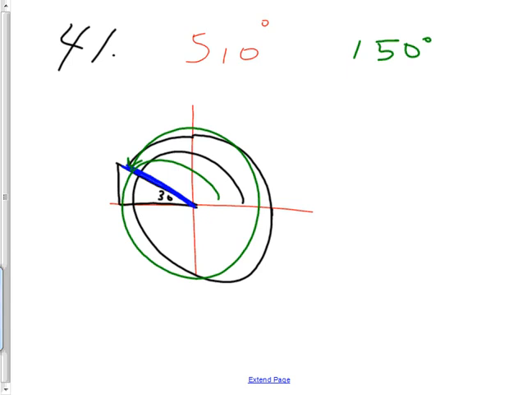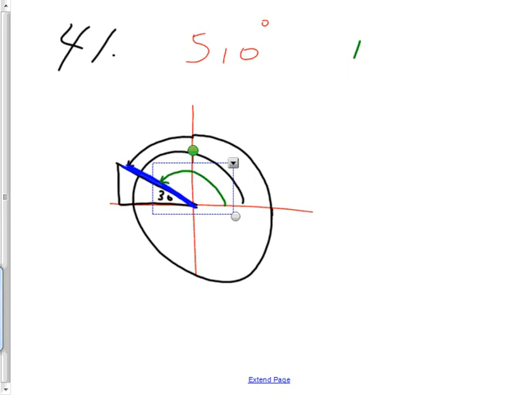That's 360 plus the 150. All right, I could go backwards to get there. How about that? There's a negative way to get there. Get where I'm going with that? Negative 180 plus another 30 makes negative 210.